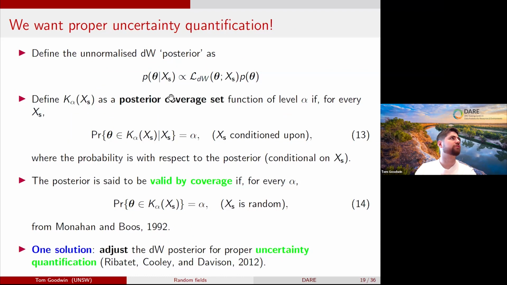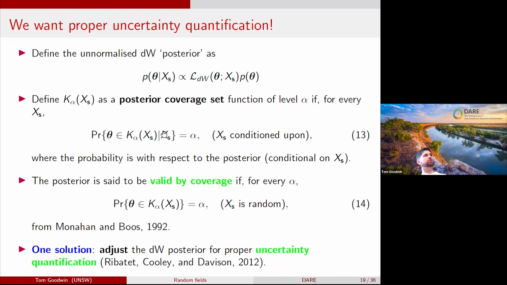So let's define the unnormalized posterior, the debiased Whittle. Right here, I'm just replacing the true likelihood with the debiased Whittle likelihood. And I'll define this posterior coverage set. We have this posterior coverage function, which is a function of the data and some nominal interval alpha.